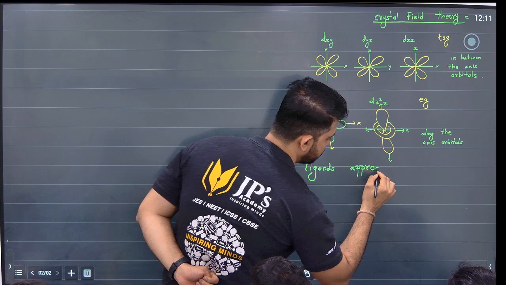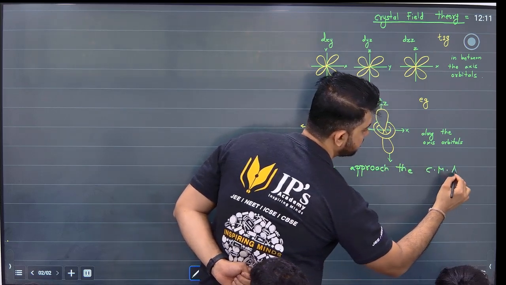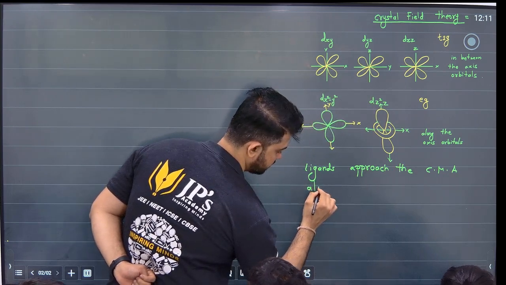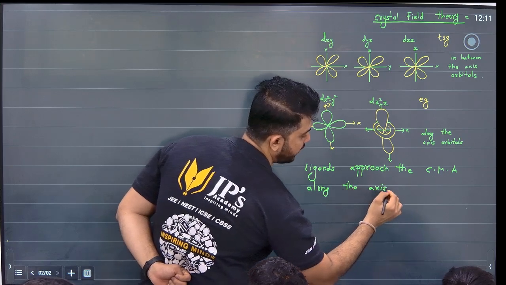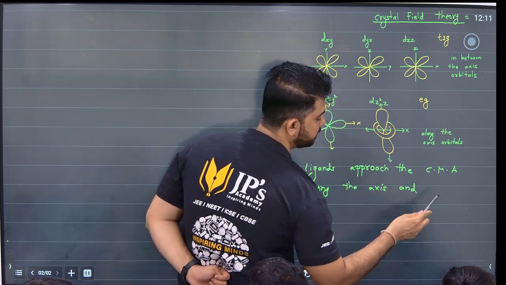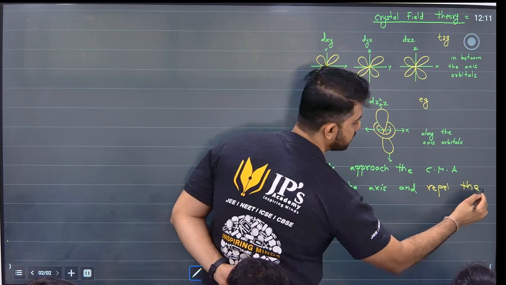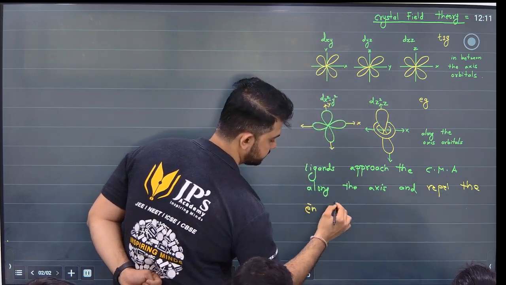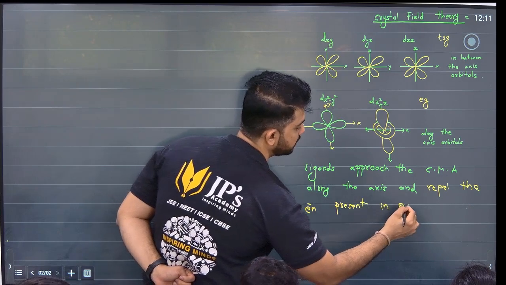Ligands approach the central metal atom along the axis and repel the electrons present in which orbital?